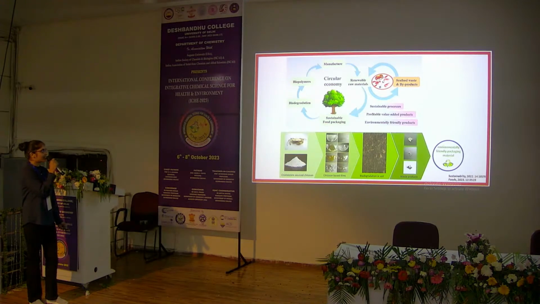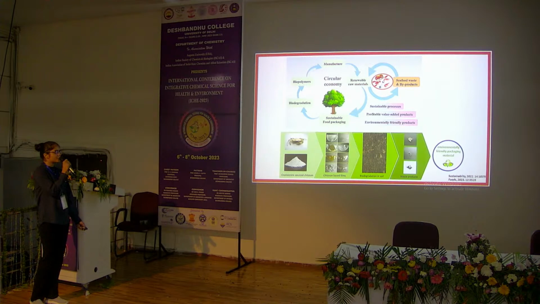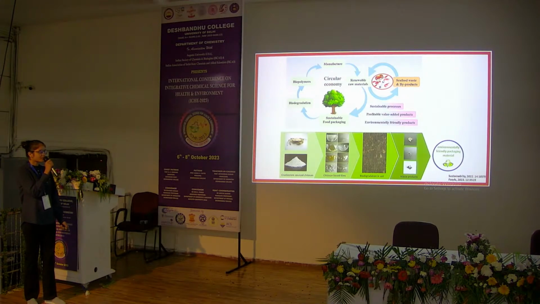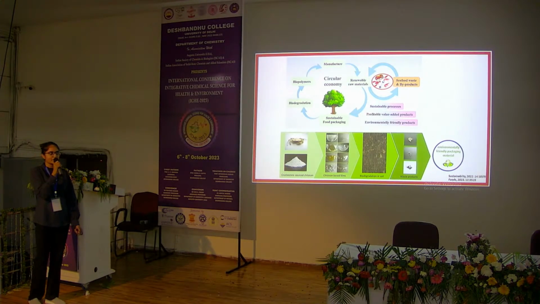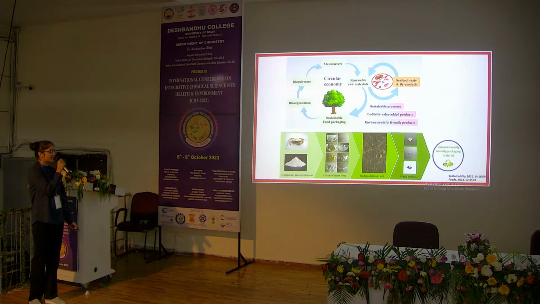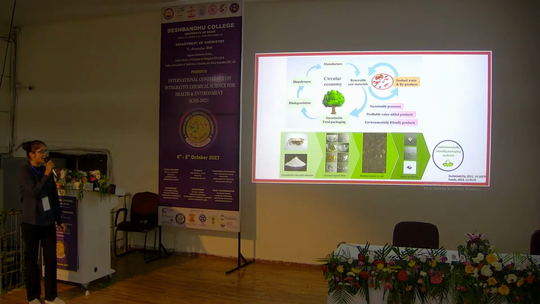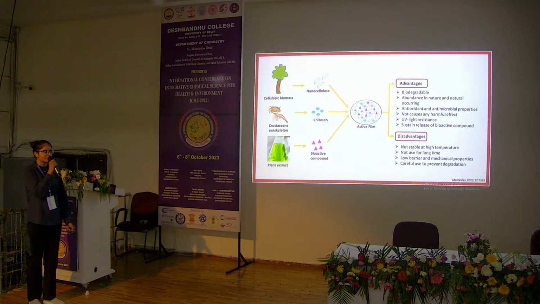For example, among biopolymers, chitosan is used for food packaging material because it has high film forming properties. That's why chitosan is used to form the film, and it easily biodegrades in the soil, and it doesn't affect the environment also.